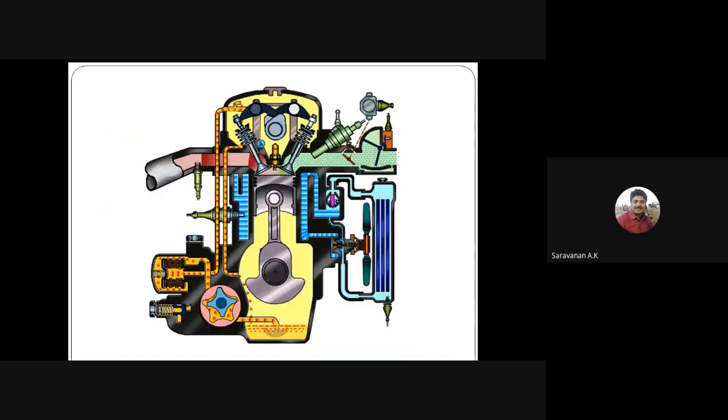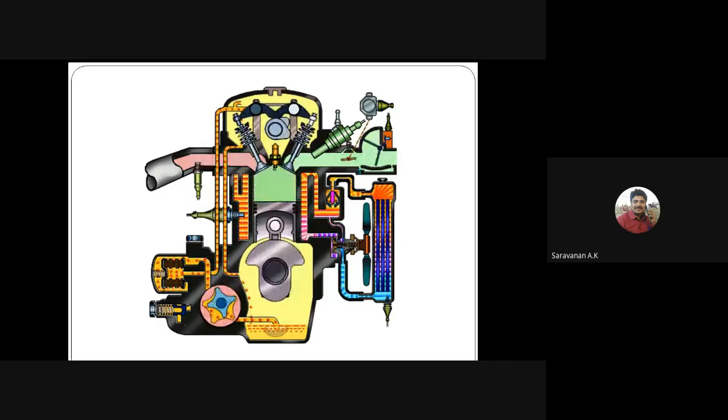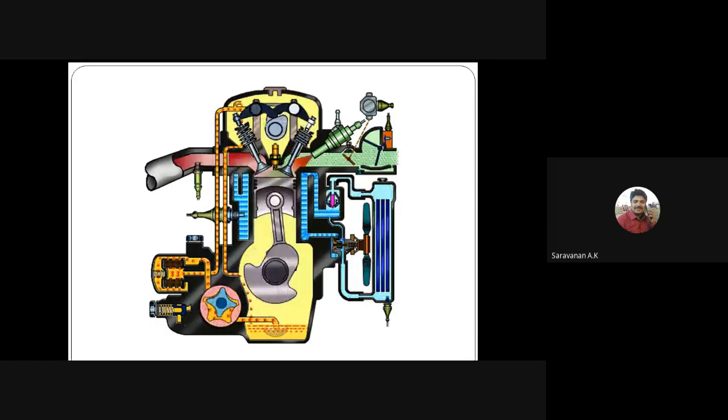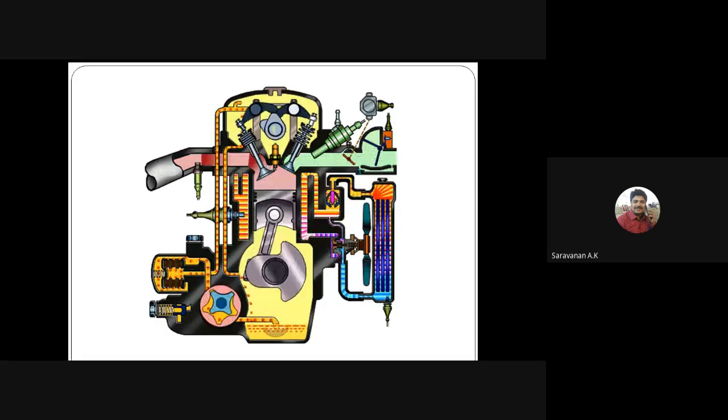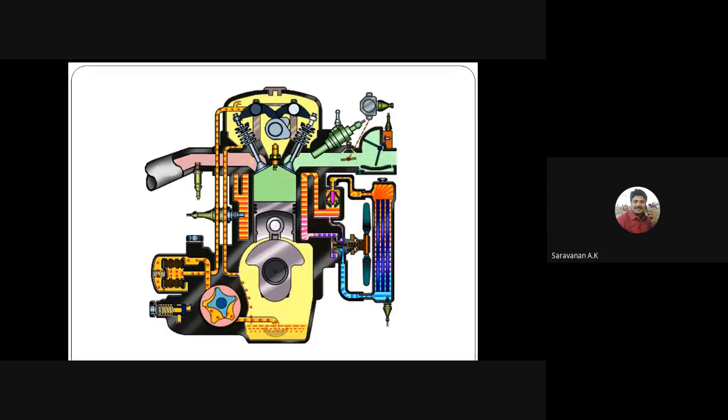Here you can see the valve, the spring, the rocker arm, and the camshaft. Here we have to supply some lubricating oil, so we can reduce the frictional losses and the heat developed due to them.